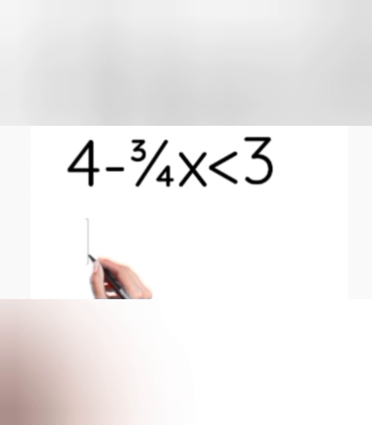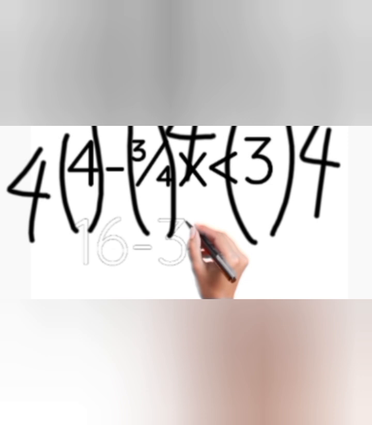Now, the first thing here is to make all the terms whole numbers. We shall not be dealing with any fraction here. So we shall remove this fraction by multiplying every term by 4, the denominator of this fraction here. So we shall multiply everything by 4. So 4 times 4 becomes 16.